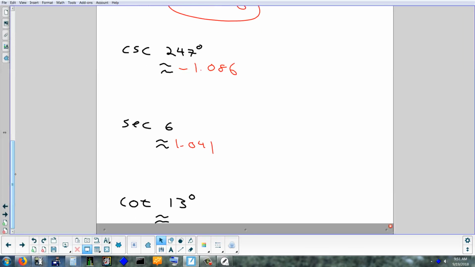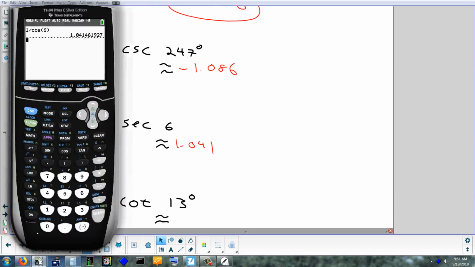Cotangent of 13 degrees. Before I even type it in, what should I do on my calculator this time? Change it to degrees. So let's go back to degrees. And now I'm looking for the COT button. Am I going to find it? No, so I got to figure out a different way to use this to get the answer. How can I get cotangent using my calculator?